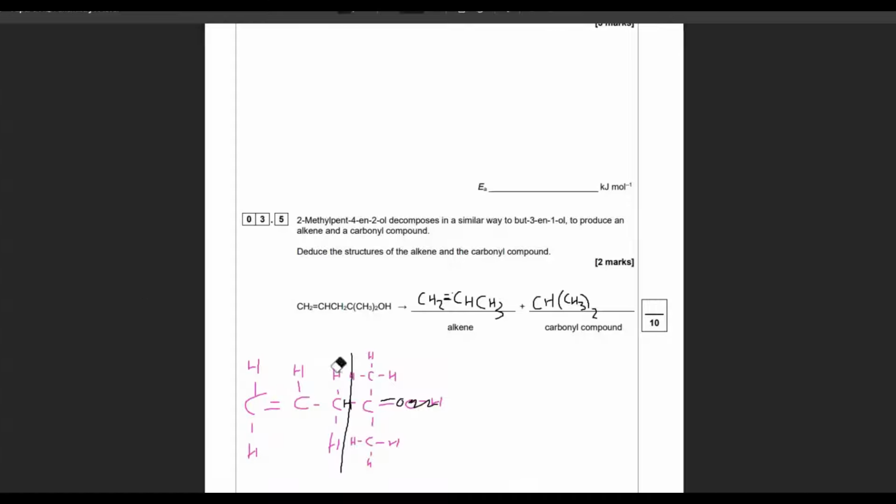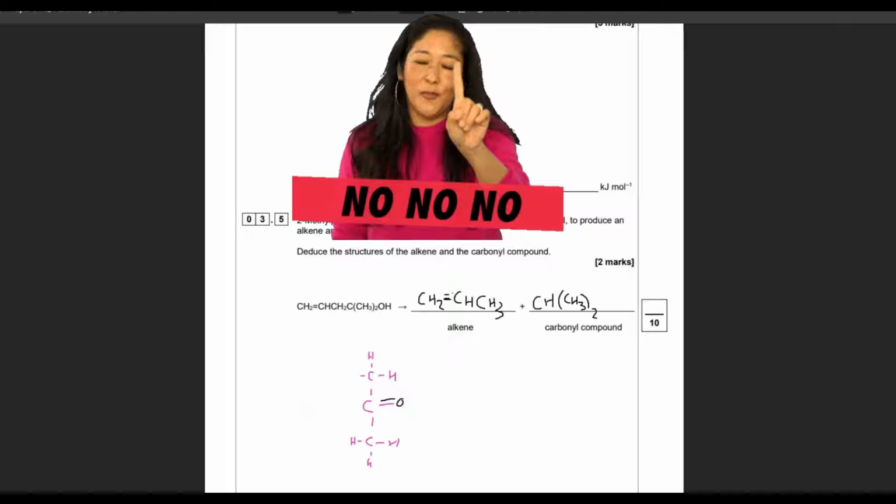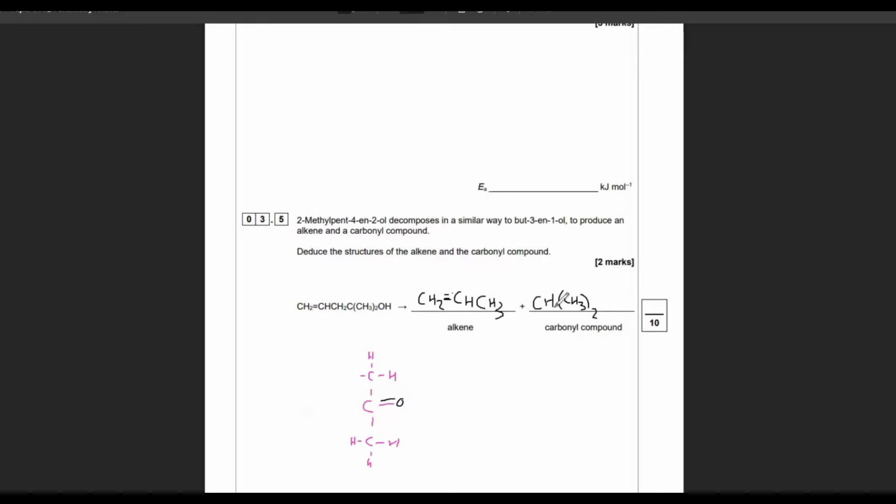I want to draw the structural formula for this. No, that's got 5 bonds. How else can we have that? We're going to have a ketone. So get rid of the H. I guess like that, but that doesn't look right, does it?